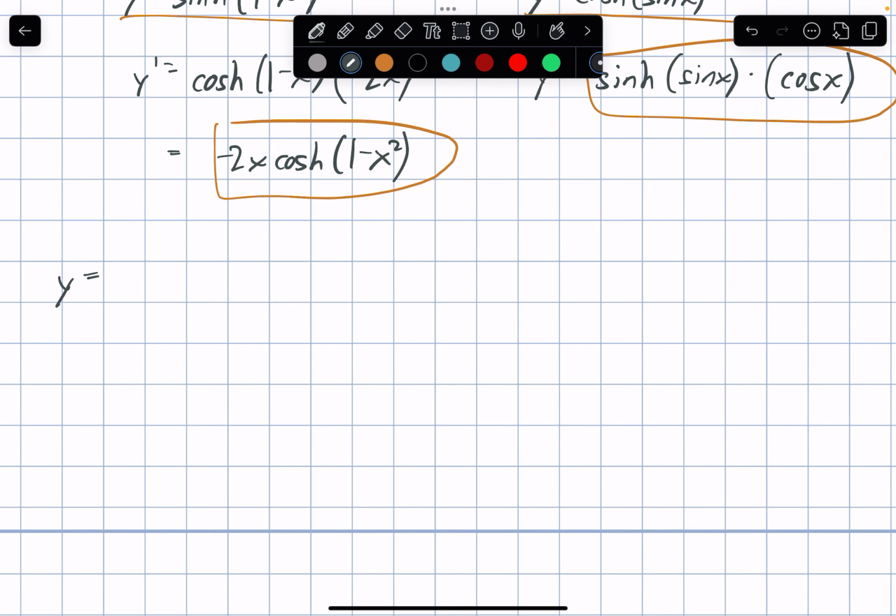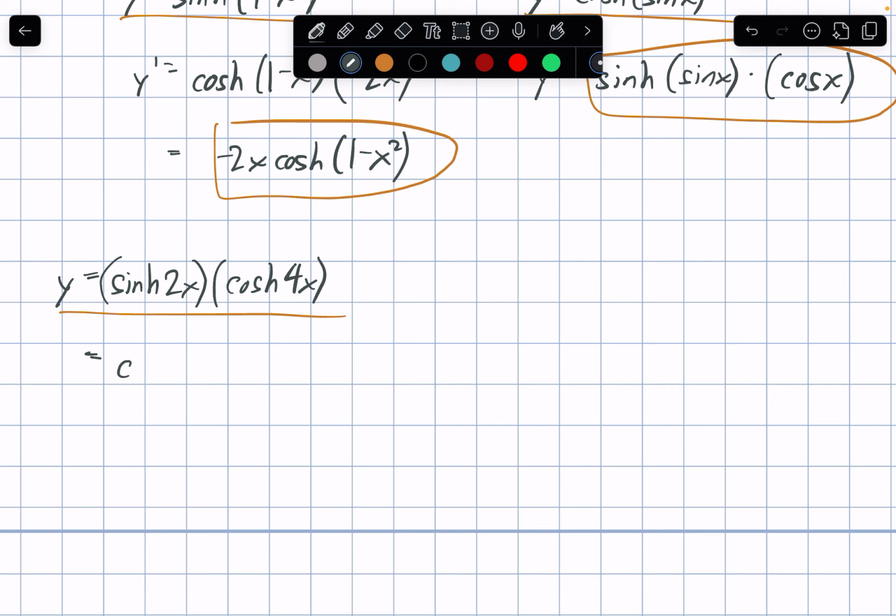This is going to be the last practice question. Then I'll end the video already. Product rule. Okay, we need to apply the product rule here. The derivative of sinh 2x is going to be cosh, and then just copy the 2x. And then the derivative of 2x is 2. And then cosh 4x, just copy, and then copy.